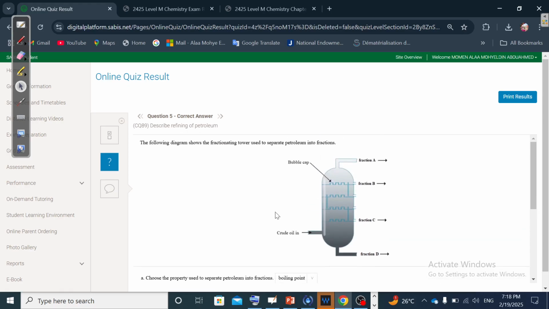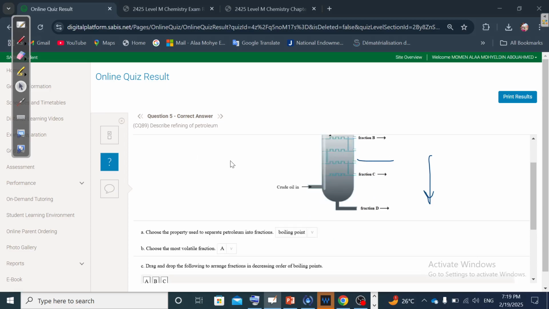As you go down, the substances are less volatile, and as you go down, boiling points increase. So here is the most volatile.